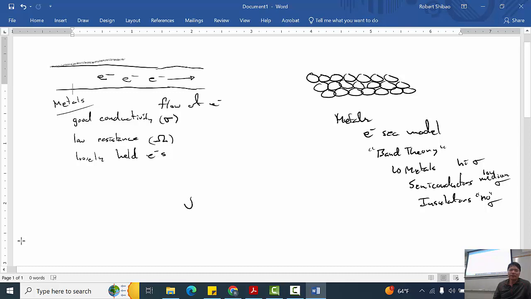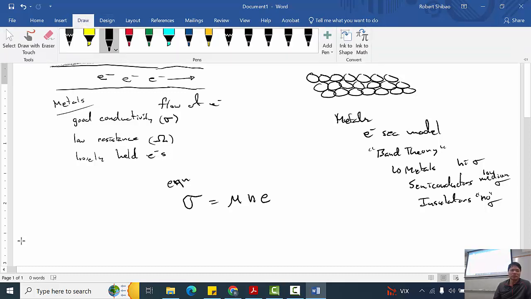For conductivity, you don't have to know this equation. This is the equation for conductivity. It depends on three things: mu, n, and e, or z. Maybe let me change that to z.